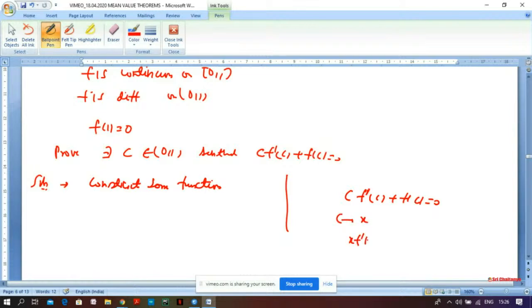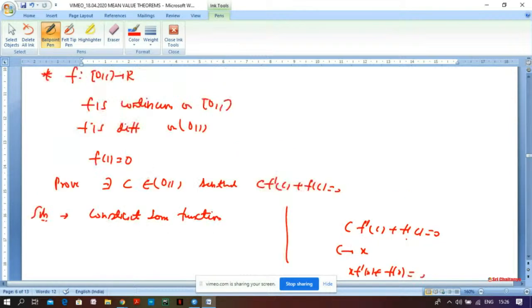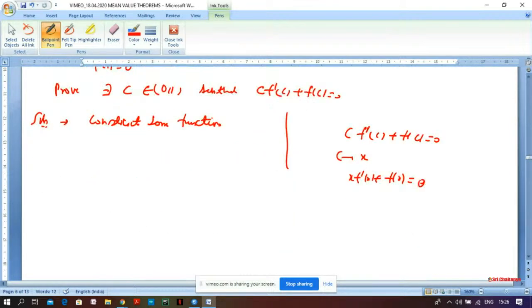So it is x f prime x plus f(x) equals 0. You know that this expression is d by dx of x times f of x, because when you differentiate, you will get x f prime x plus f(x).